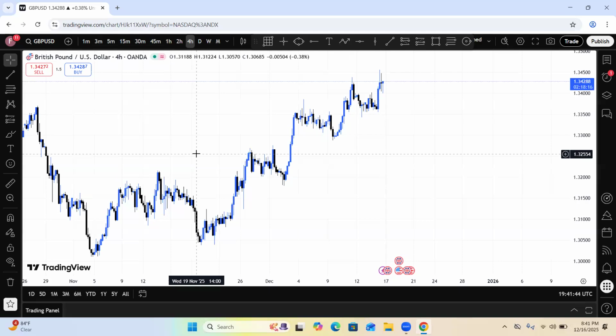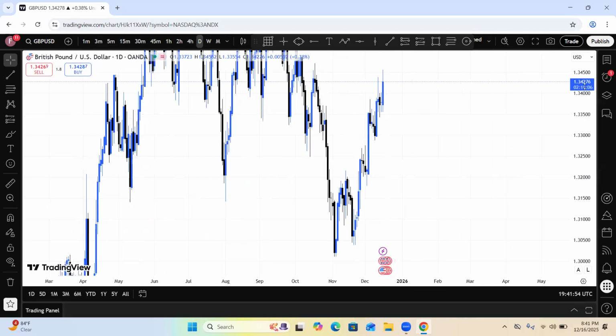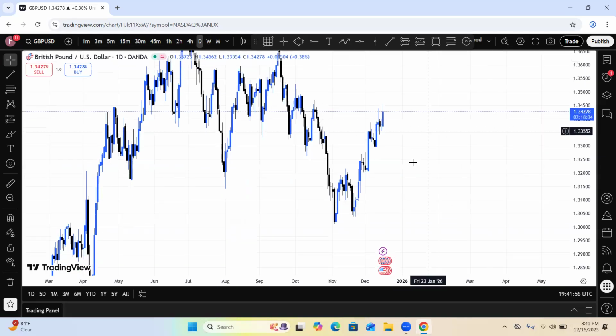When I talk about the daily time frame, each candlestick you are seeing here was formed in 1 day. This was formed Wednesday 17. This tiny one was formed Tuesday. There's another tiny one Monday, Friday. Each was formed in 1 day. Do you understand me?